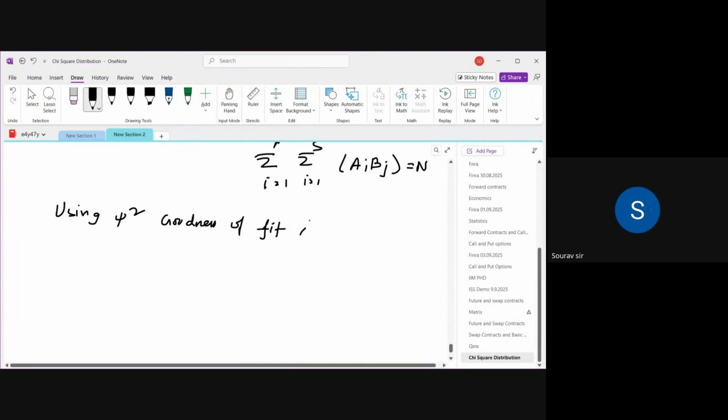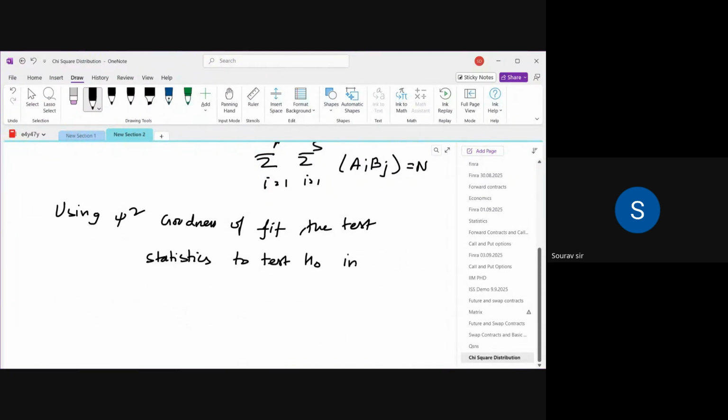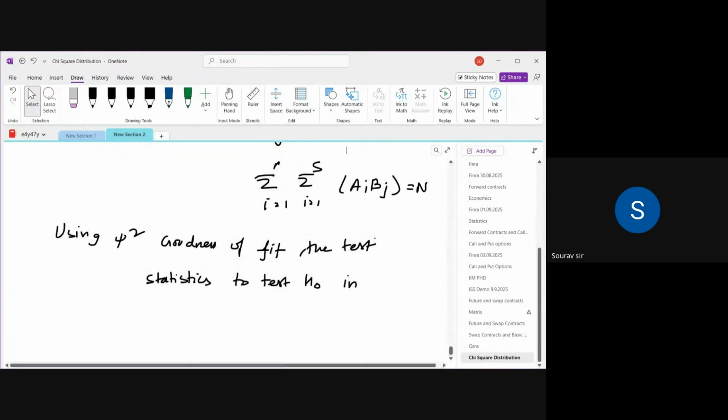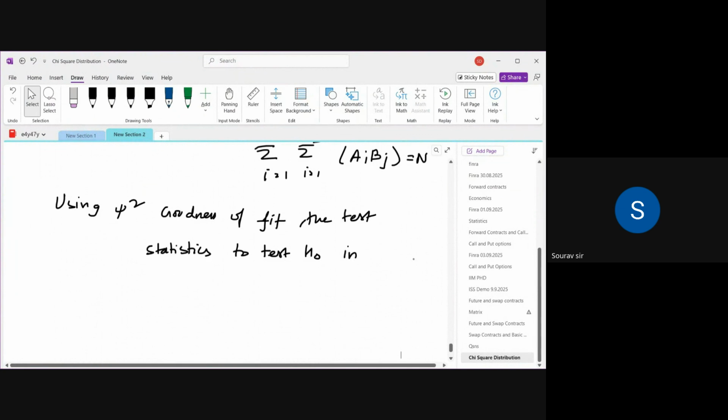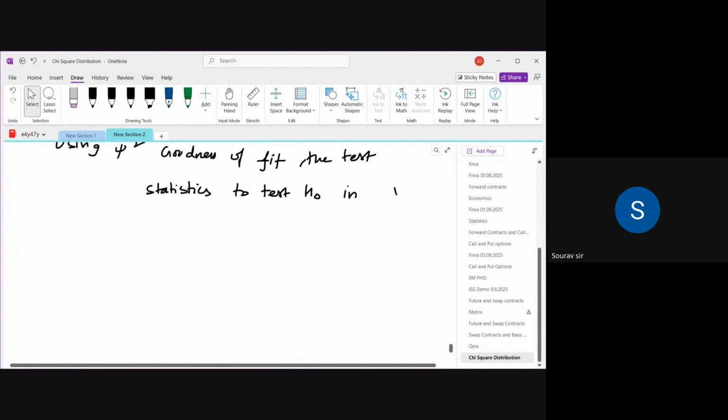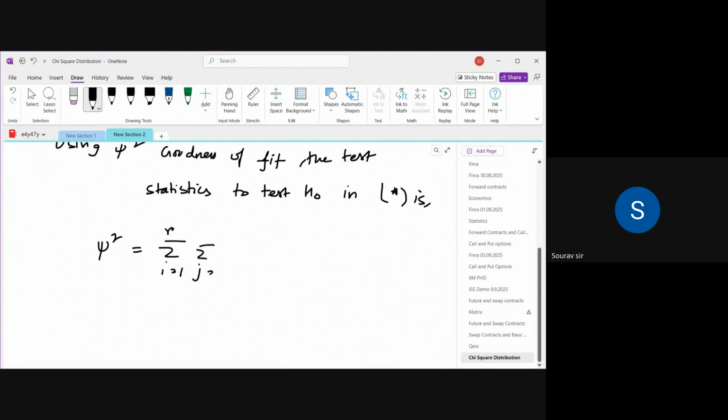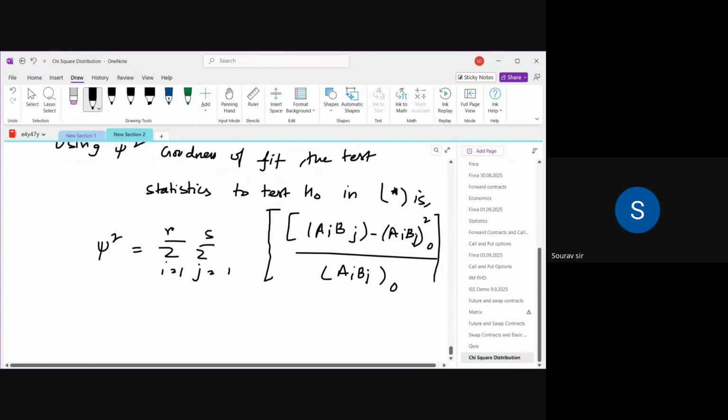The test statistic to test H naught is summation of i 1 to R, summation of j 1 to S of (AiBj minus AiBj 0) whole squared by AiBj 0, which tends to chi-square with R minus 1 and S minus 1 degrees of freedom.